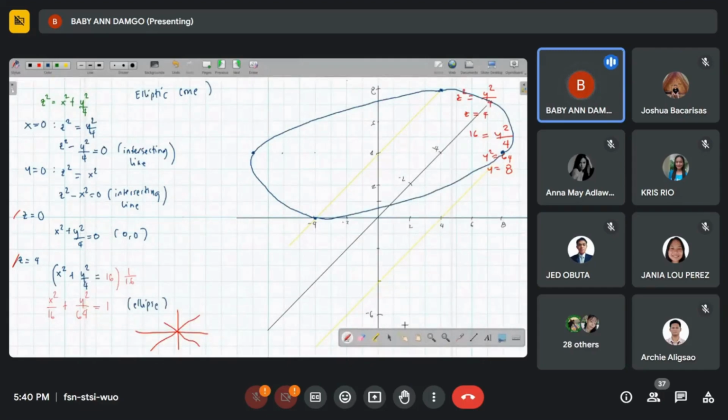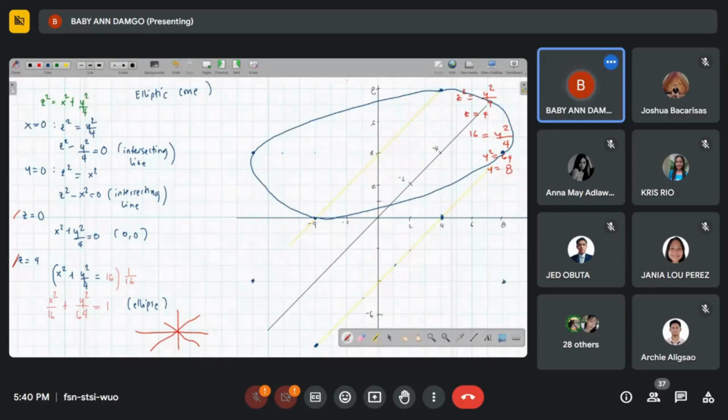Okay, for here, for z is negative 4. So x is 4, 1, 2, 3, 4. Then 1, 2, 3, 4. And then here the y, 1, 2, 3, 4, 5, 6, 7, 8. And then 1, 2, 3, 4, 5, 6, 7, 8.